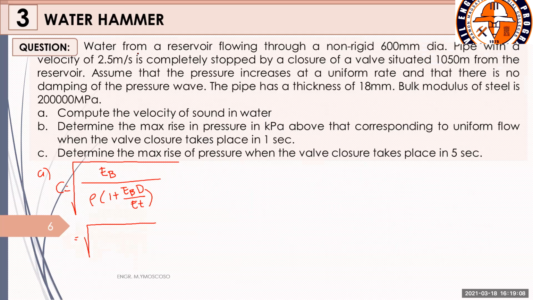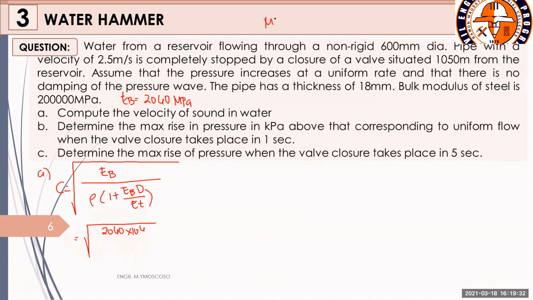Sige, the bulk modulus of water, that would be considered as 2060 MPa. So that would be times 10 raised to 6 if you convert it. So that would be 2060 times 10 raised to 6.